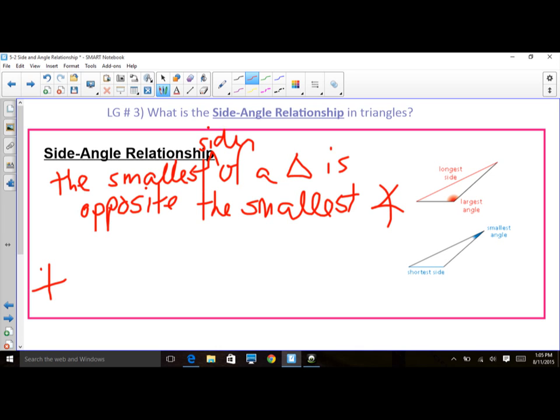Okay, and just a note, we could explain this theorem in more detail and just have 2 more sentences. We could just write a note to ourselves here that the same follows for the medium and large sides.